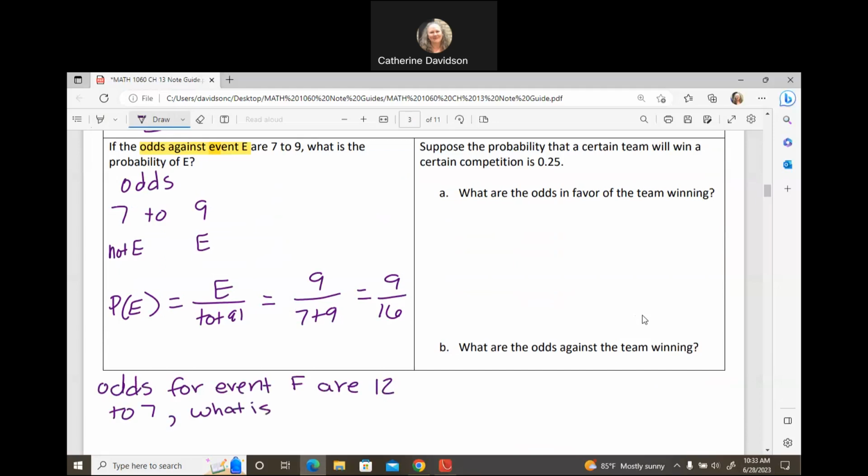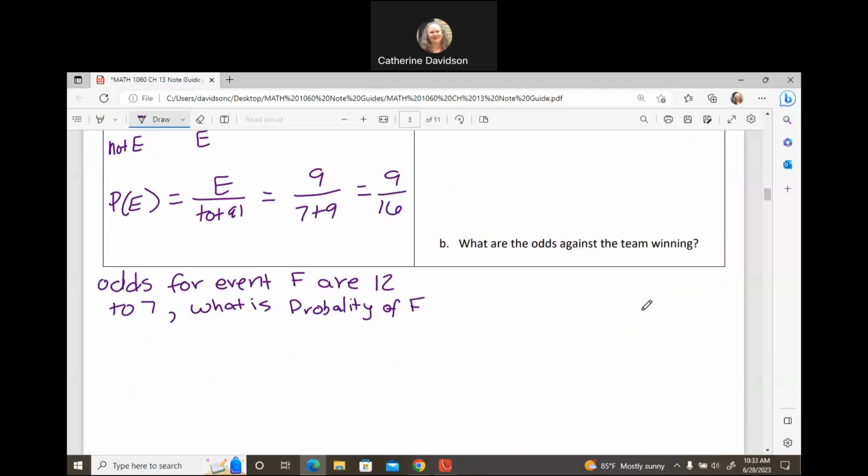What is the probability of F? So the odds for event F are 12/7.